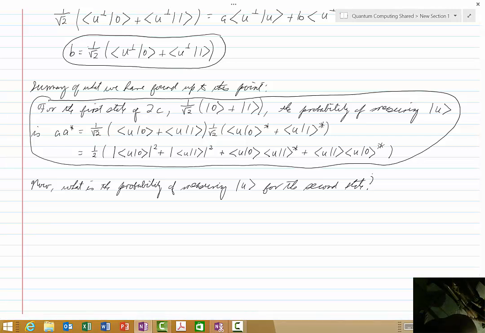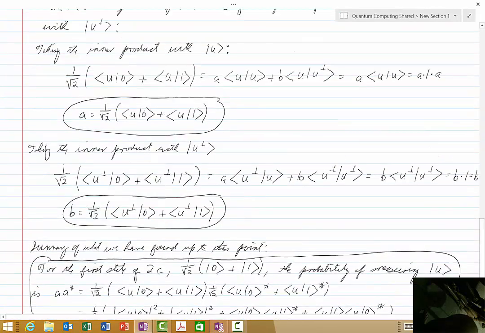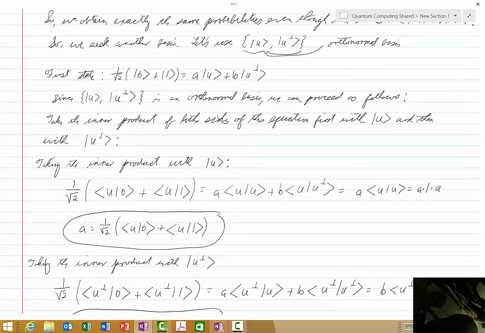Okay, so how do we find the probability of measuring u for the second state? Well, it's going to be extremely similar to what we've just done, but now we need to use the second state. We need to look up here at what we did for the first state. The first thing we did here was to express that first state in terms of our basis, u and u orthogonal.